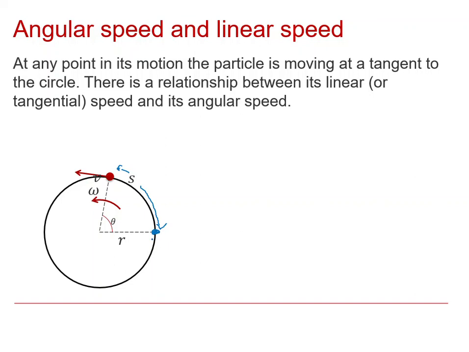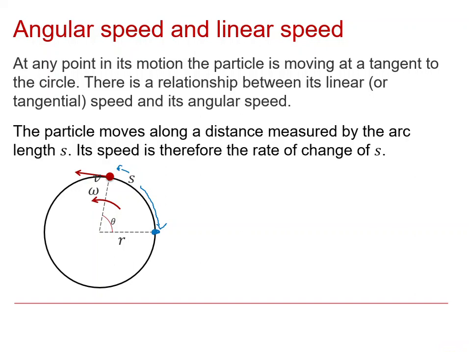It's easy to make a slip like that with the vocabulary. You have to say speed in this context. The speed is the rate at which that s increases, but s in turn is r times theta, so we'll soon see that we get an easy relationship between the two.